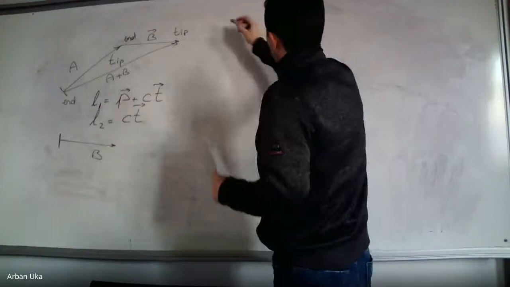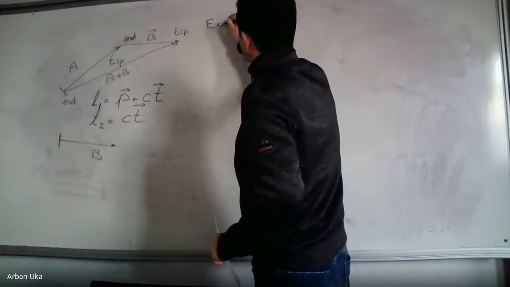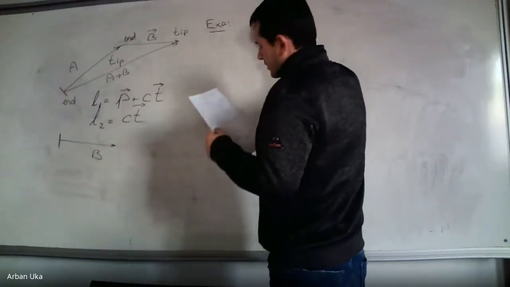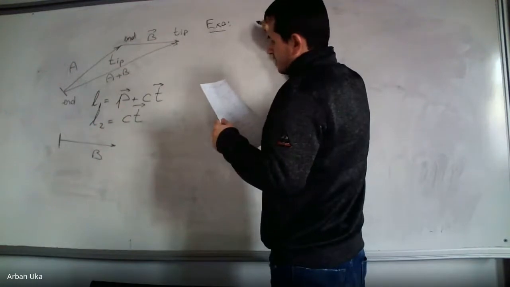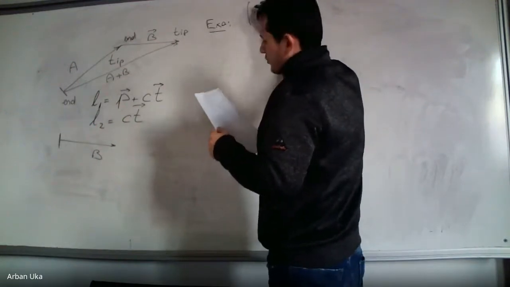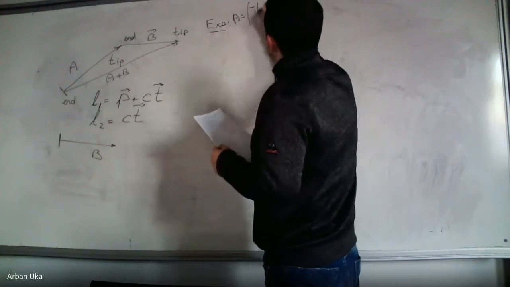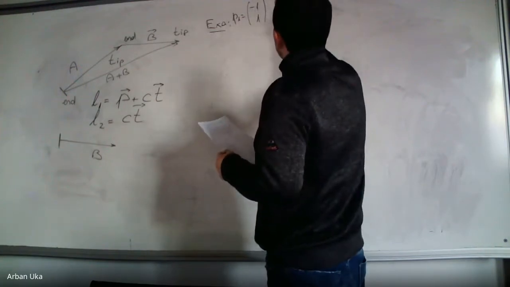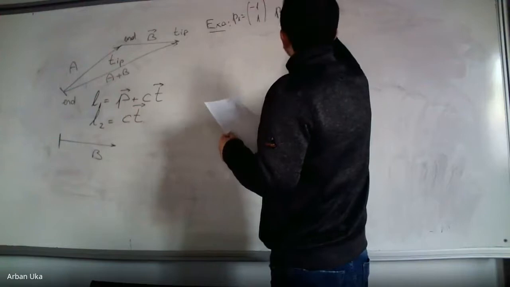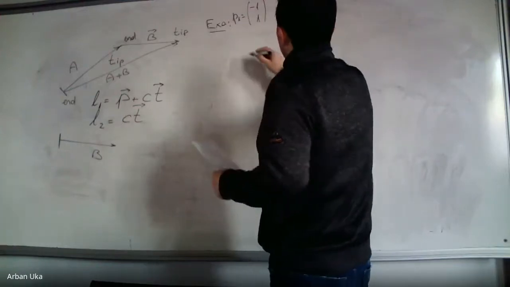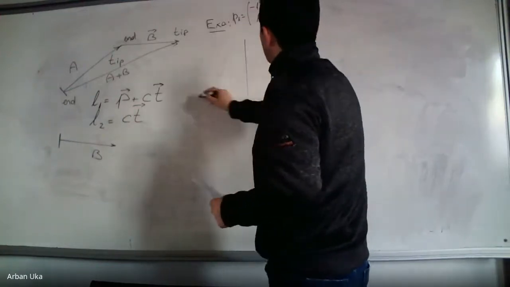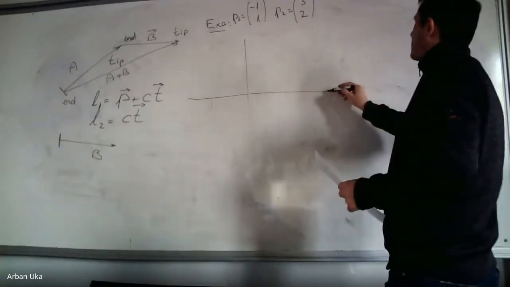Now, let's see an example that might help us to understand. Let's assume that we have a graph with points. We have two points: point P1, which is located at -1, 1, and point P2, which is located at 3, 2. If we try to draw this, it's going to be something like this.